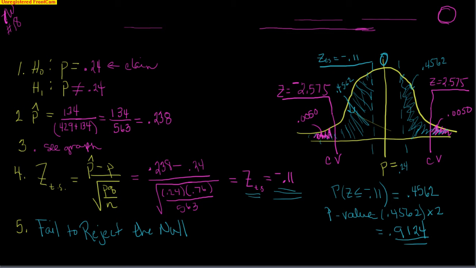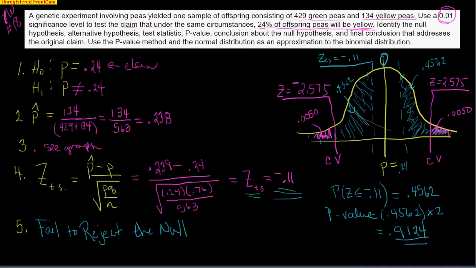So let's just go ahead and put this all back up. Because we're failing to reject the null, therefore, there is not enough evidence to support the claim.